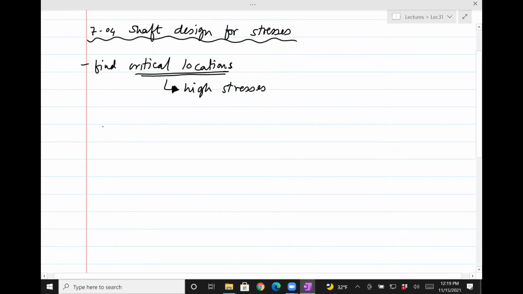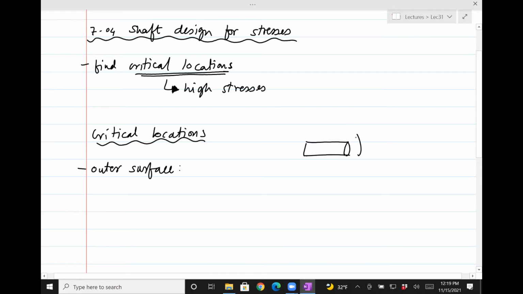Okay, so what are the critical locations? Here are some suggestions on what might be the critical locations. The outer surface. If you have a shaft and it's subject to bending, or if it's subjected to a torque. Let's draw this again.